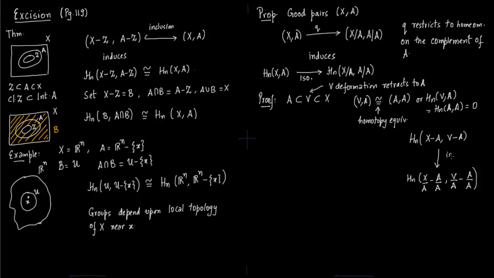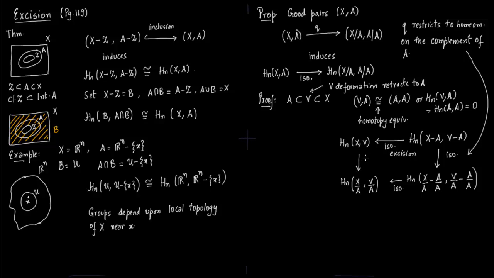Now the map between these two homology groups is induced by the quotient map, and since this quotient map restricts to a homeomorphism on the complement of A, we have an isomorphism. Now we want to use excision, so we are throwing out A, and by excision we have the isomorphism. So the top arrow and this bottom arrow are both isomorphisms by excision.